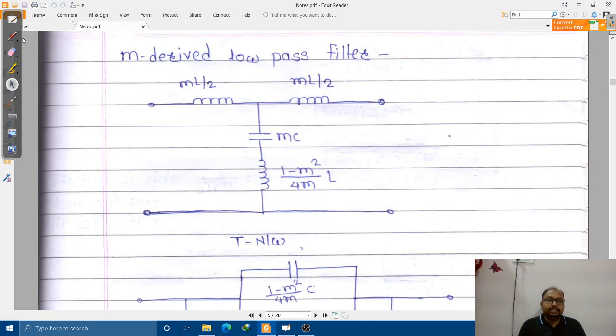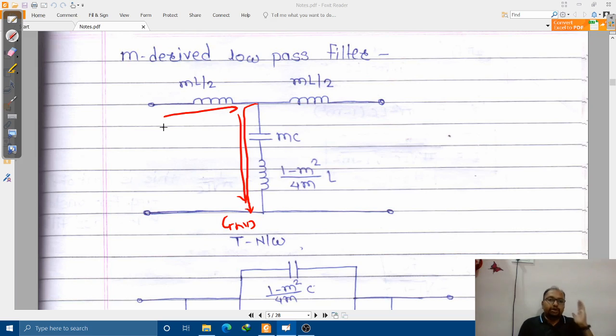This arm is then as good as short circuited, so it is a minimum resistance path, and whatever signal passes through it gets directly grounded.